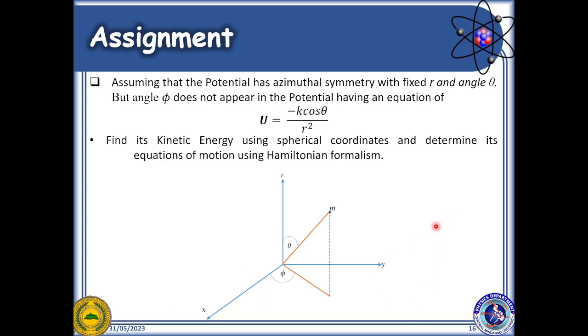As you can see here, you can use the potential energy that is equivalent to minus k cosine theta over r squared. You need to find the kinetic energy using spherical coordinates and determine its equation of motion from the Hamiltonian formalism.